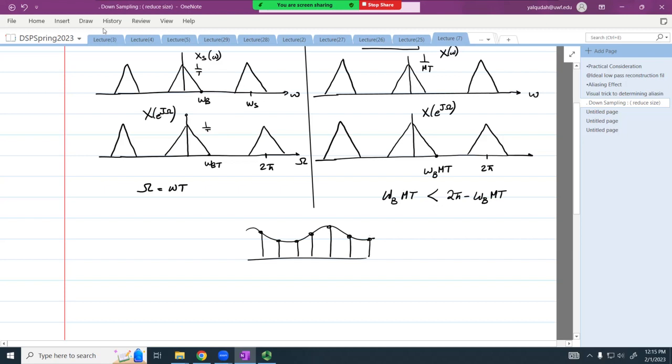In the second case, I'm sampling it like this. Make sense? In this case I'm taking a sample at every step; in the other case I'm jumping several samples. Make sense, everybody? But you're losing data. Yes, I'm losing data.